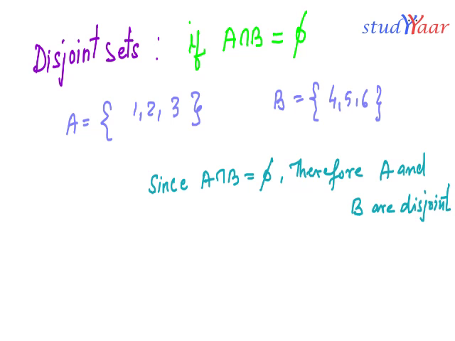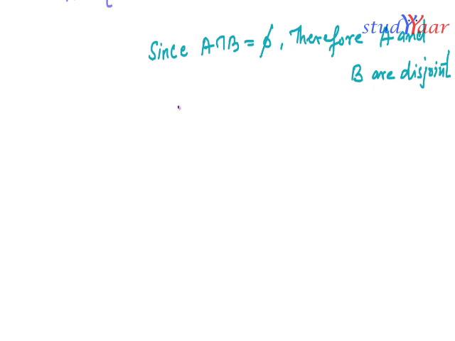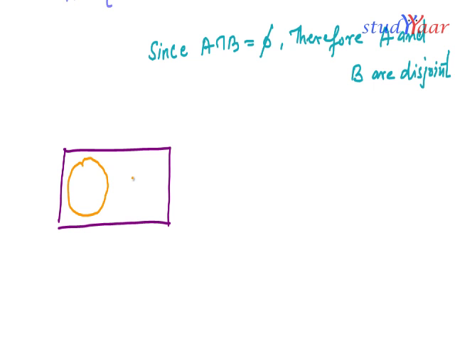Since you do not have an intersection, your Venn diagram is going to look something like this. You are going to have your universal set, and you're going to have an A and a B. But because there is no overlapping region between them, indicating that there are no elements common between them, I am going to keep the two circles separated.